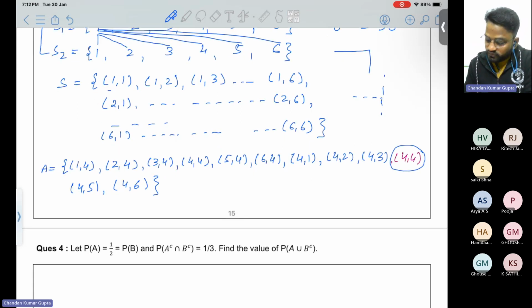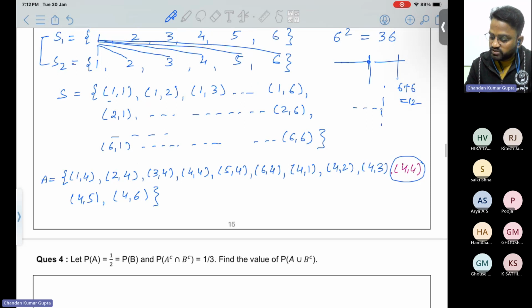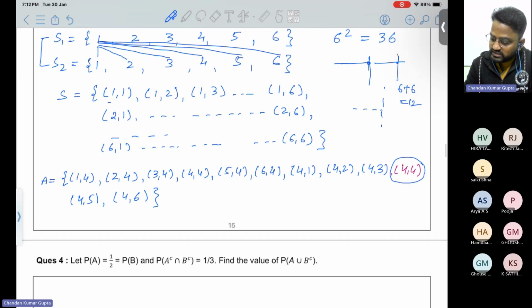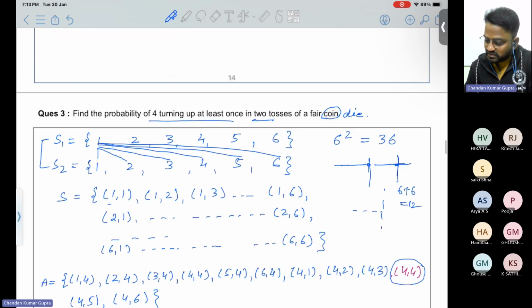So we remove this. First there are 6 columns and 6 rows, so 6 plus 6 equals 12. But since there is an intersection point which lies on this line and this line as well, we remove it once.